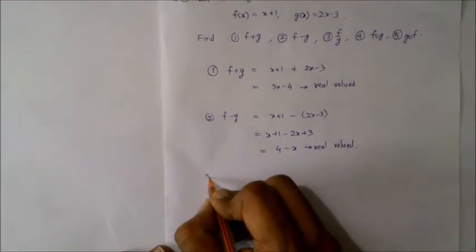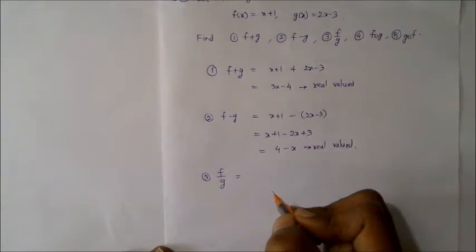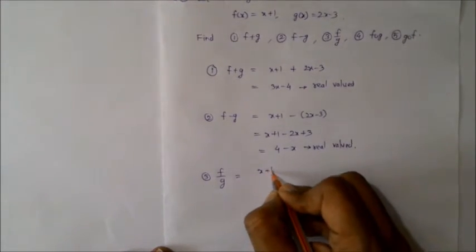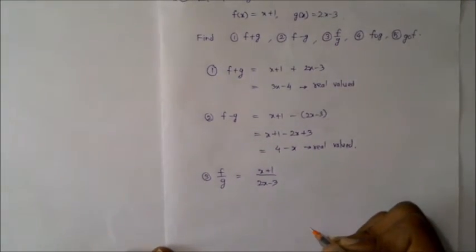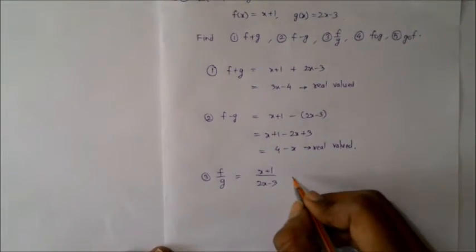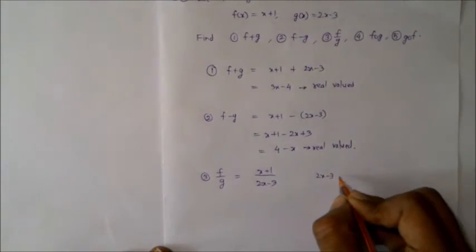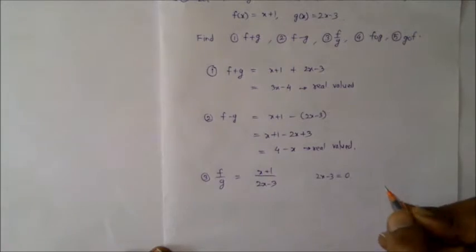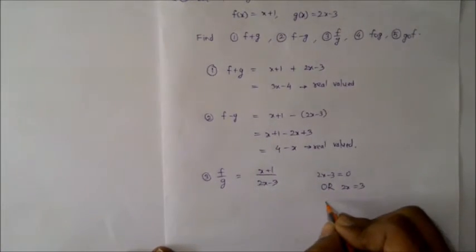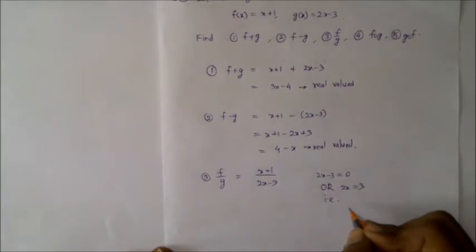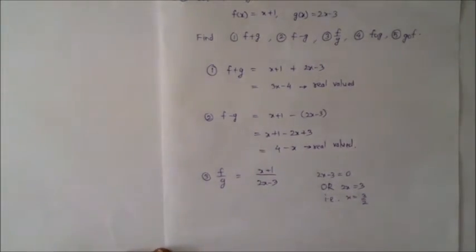Third, f upon g. Now f upon g will be (x plus 1) divided by (2x minus 3). This function will not be defined when the denominator becomes 0 or when 2x is equal to 3, that is when x is equal to 3 by 2.